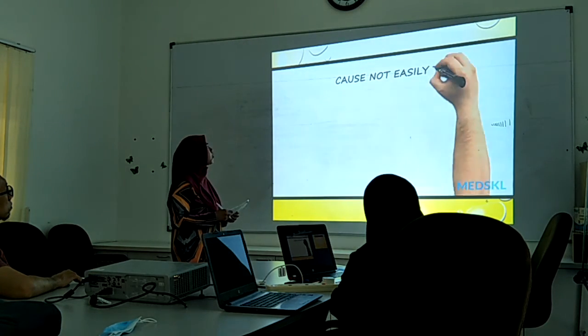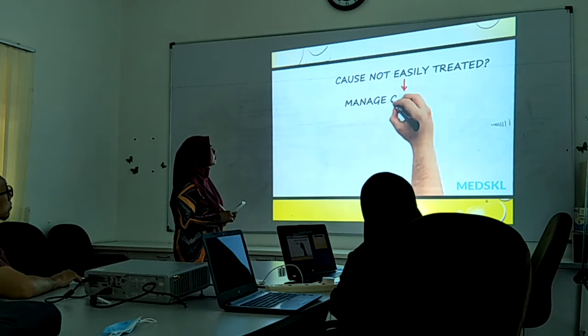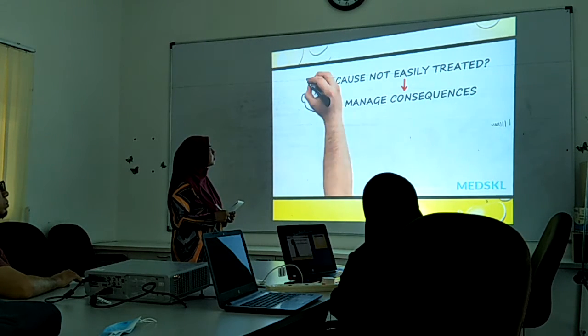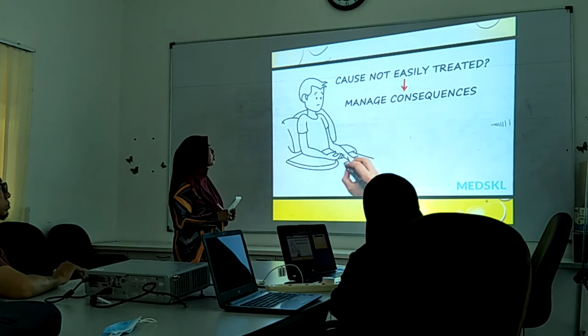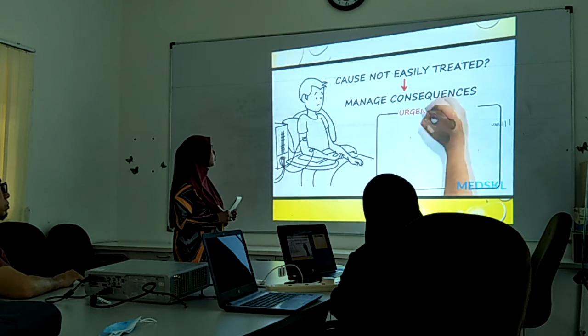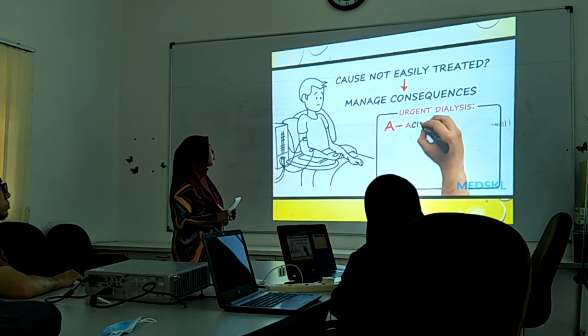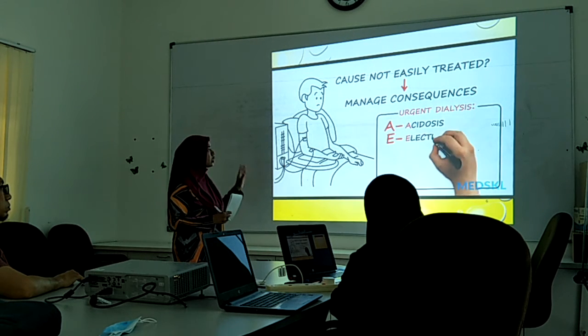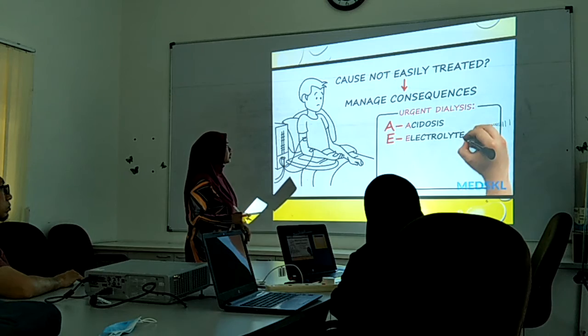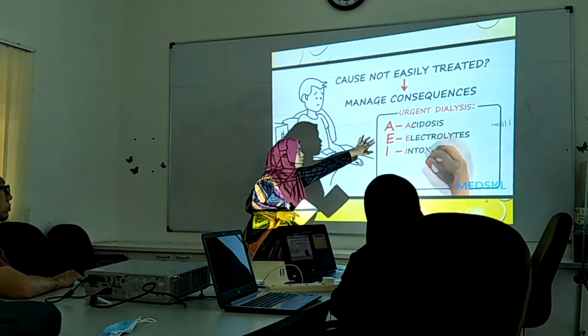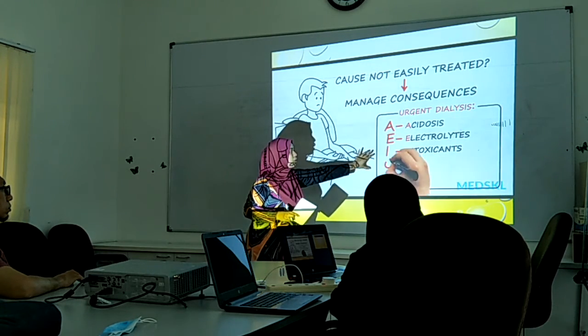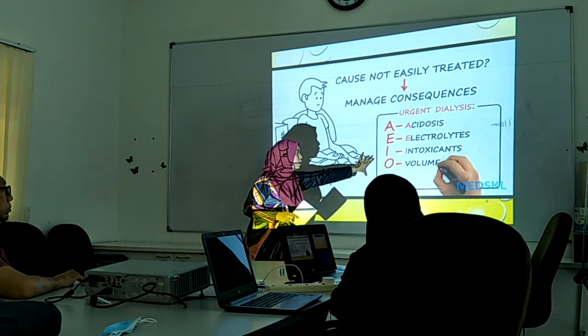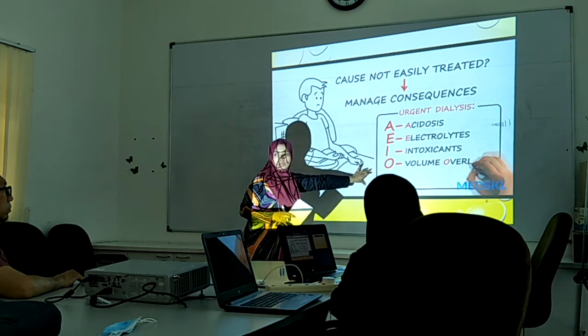If the cause of ARF cannot be easily treated, manage its consequences. If the cause is not treated, we should prepare the patient for urgent dialysis because the patient will have acidosis, electrolyte imbalance, intoxicants in their body, and volume overload.